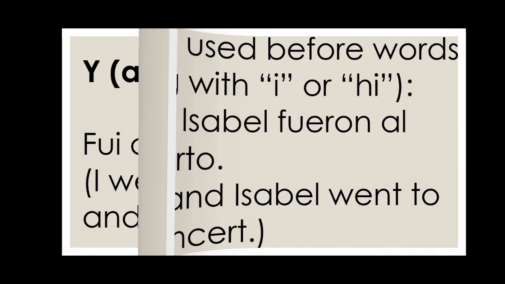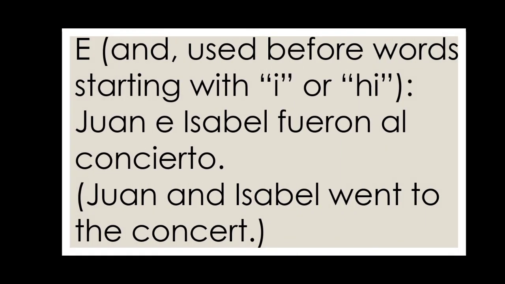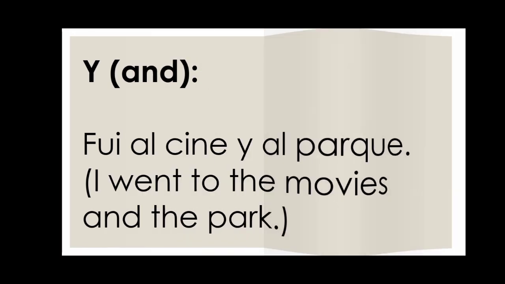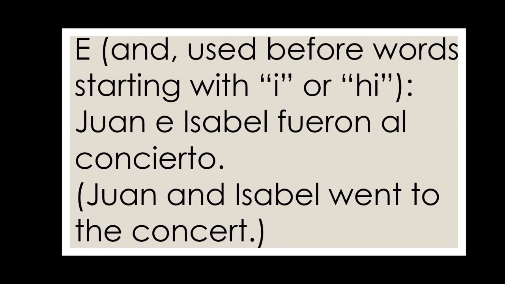Okay, next e. First we learned y and next is e. E is used before words starting with i and hi. The h is silent in Spanish. It's pronounced i. Juan y Isabel fueron al concierto.